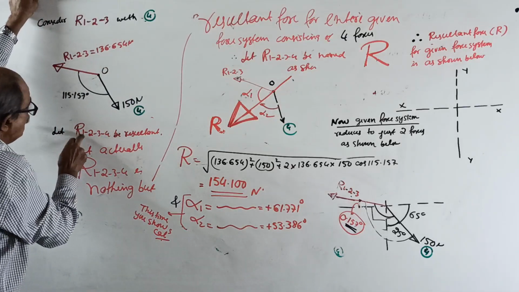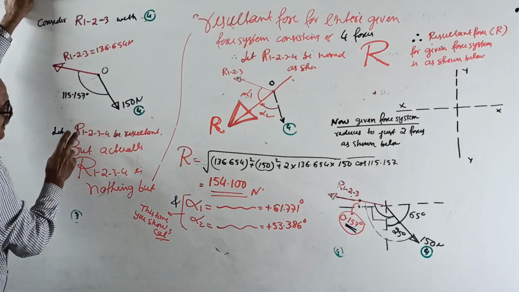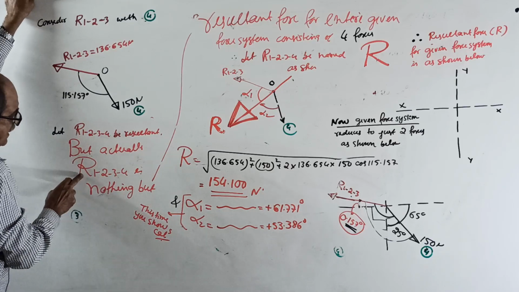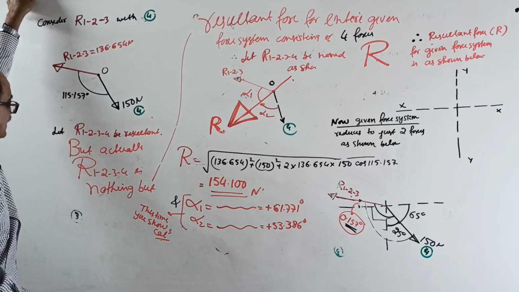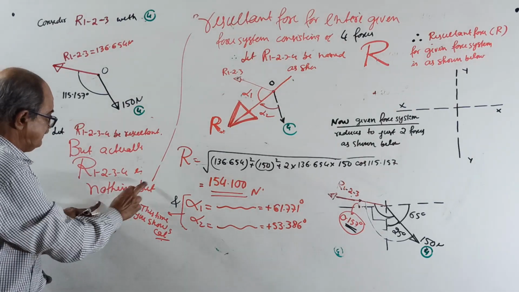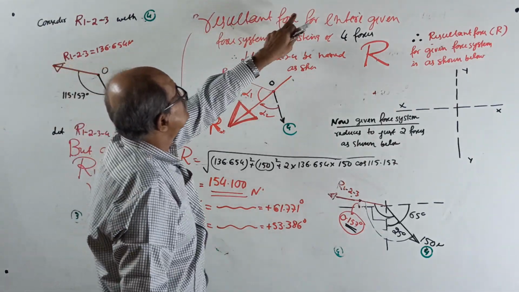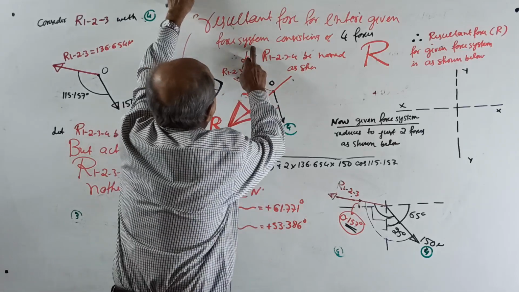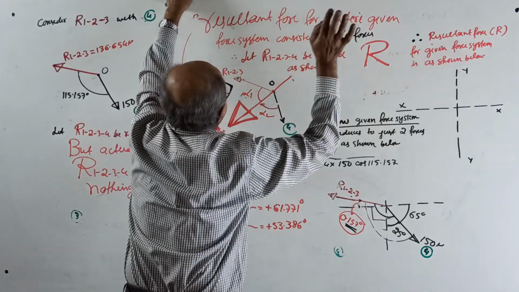Let R1234 be the resultant. Actually, R1234 means the resultant for the combined effect of 1, 2, 3, 4, which is nothing but the resultant force for the entire given force system consisting of 4 forces.